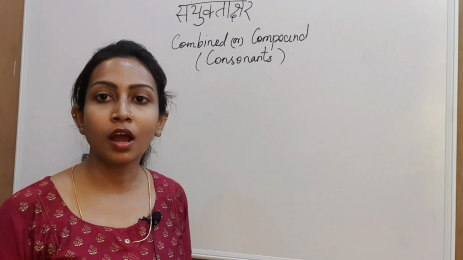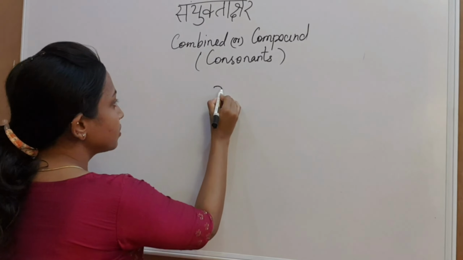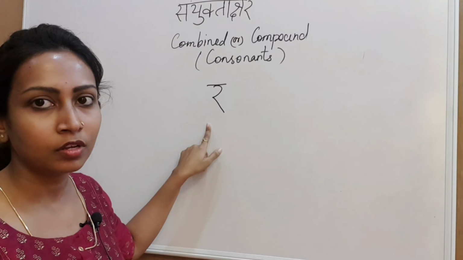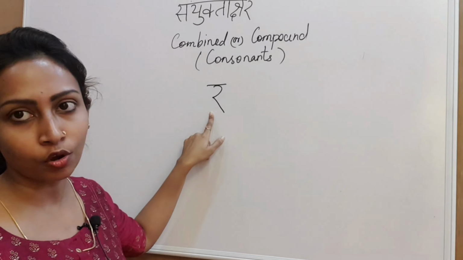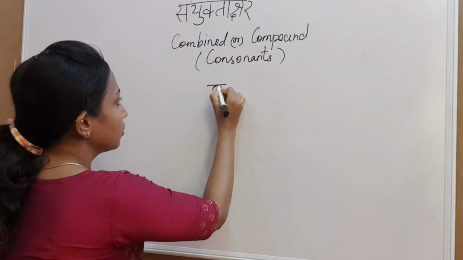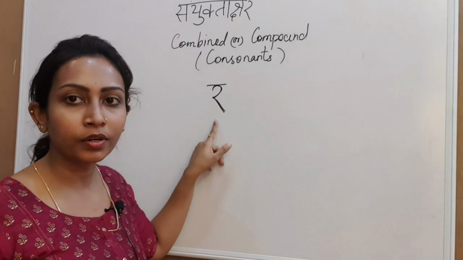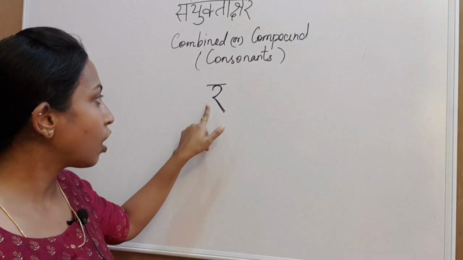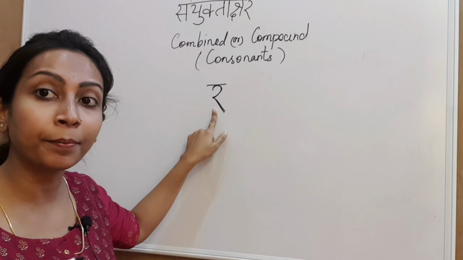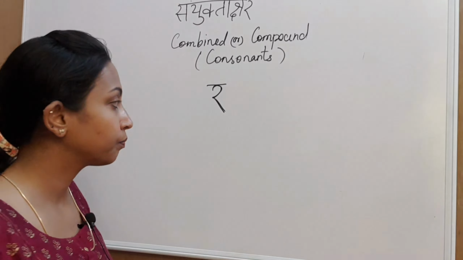Now we are going to see how the consonant ra is written as a half letter. How can ra be written as a half letter? If you cut it in half, you cannot identify it. So how does this letter change when it joins with another letter?